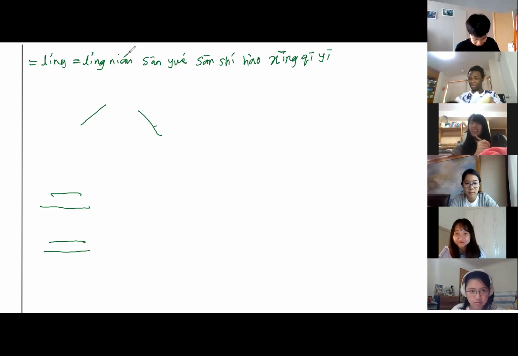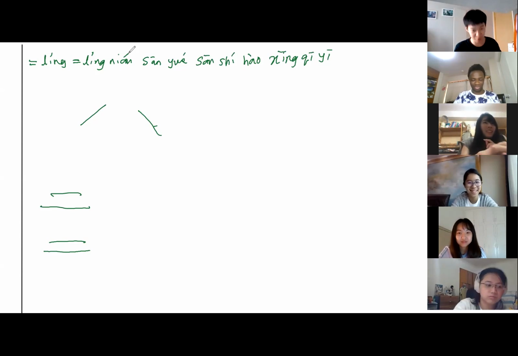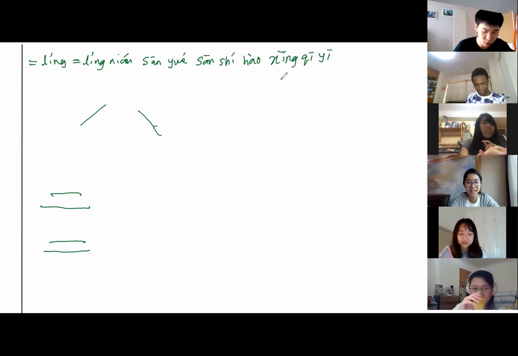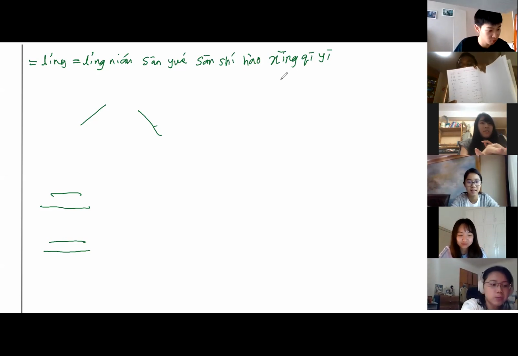Have you guys seen my notebook? Nakita isn't the only one that is OCD. I'm not scaring only, so I'm going to show you my notebook. Someone is learning Chinese.